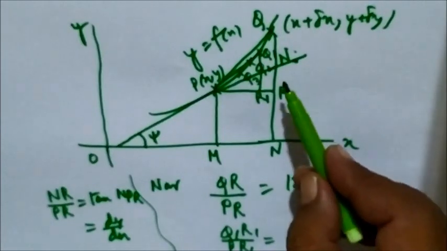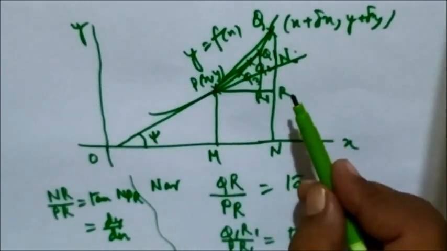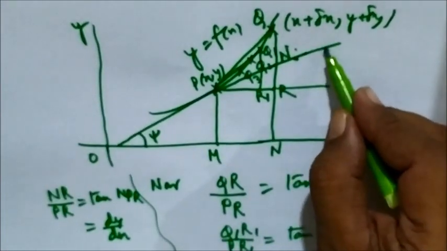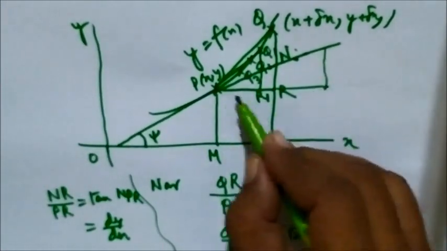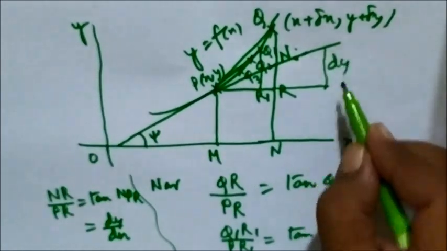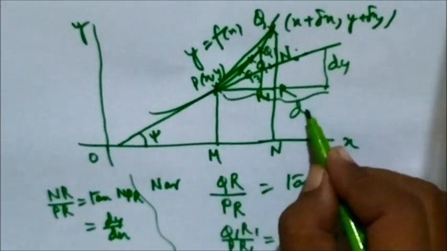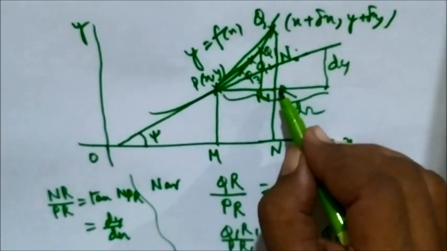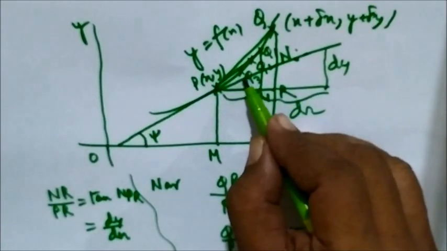And from the triangle NPR, we get perpendicular and base. If this is dy, then this quantity is dx, and smaller and smaller.